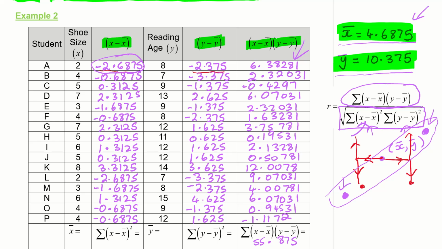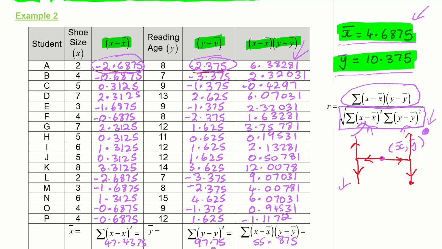Now, we also need to square each of these values and then add them up. So if we do that, we end up with 47.4375. And we also need to square each of these values and add them up at the bottom there. And if we do that, we get 97.75.